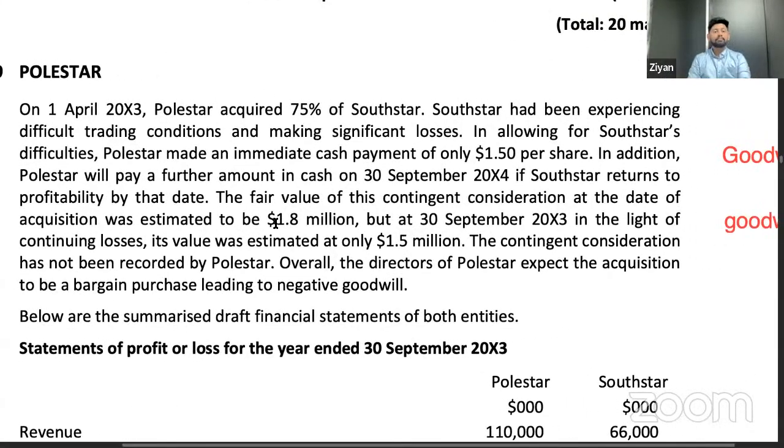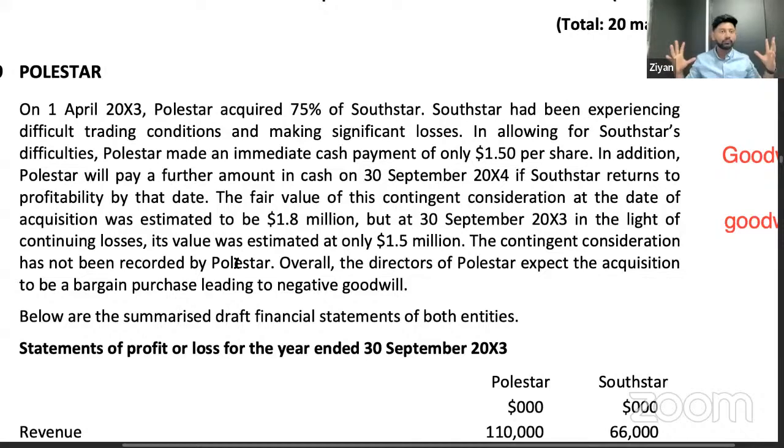In addition, Polestar will pay a further amount in cash on 30th September 2014 if Southstar returns to profitability by that date. Is that relevant? Yes, it is relevant. The fair value of the contingent consideration at the date of acquisition was estimated to be 1.8 million, but at 30th September 2013, in the light of continuing losses, its value was estimated to be only 1.5 million. The contingent consideration has not been recorded by Polestar. Overall, the directors of Polestar expect the acquisition to be a bargain purchase leading to negative goodwill.